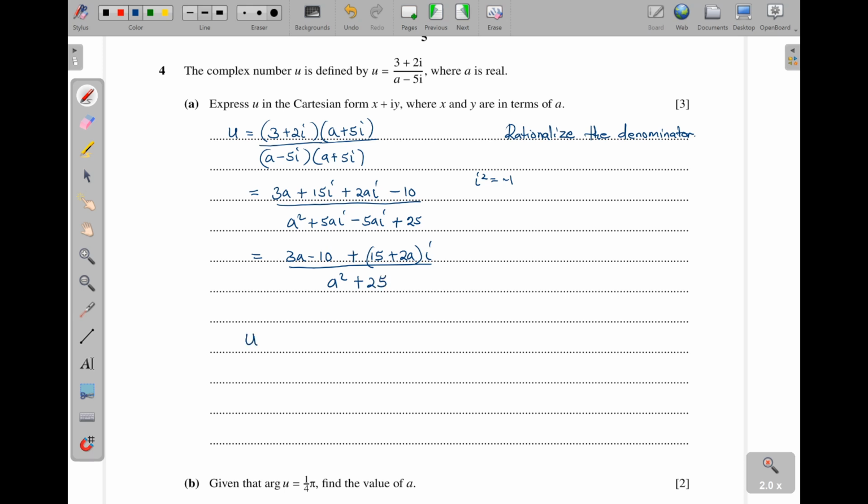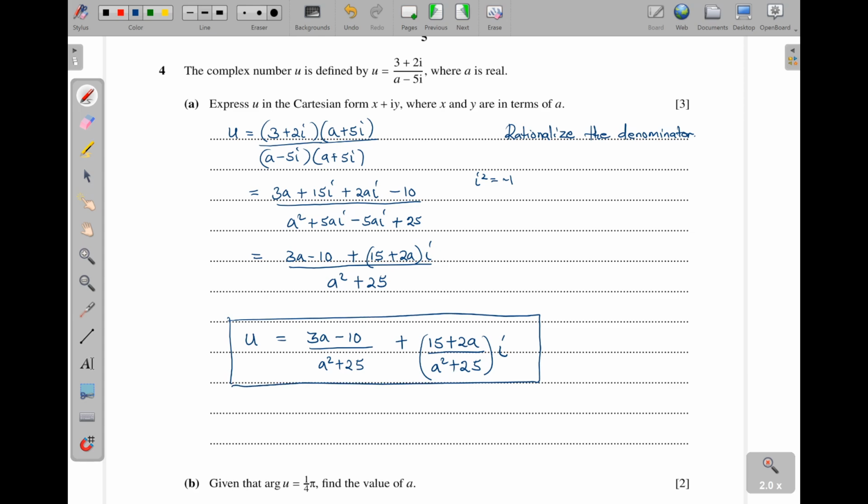So therefore our u is going to be equal to, if I separate the real from the imaginary, we shall get (3a minus 10) divided by (a squared plus 25), then plus (15 plus 2a) out of (a squared plus 25) of i. So this is our answer. The imaginary part and the real part are in terms of a.